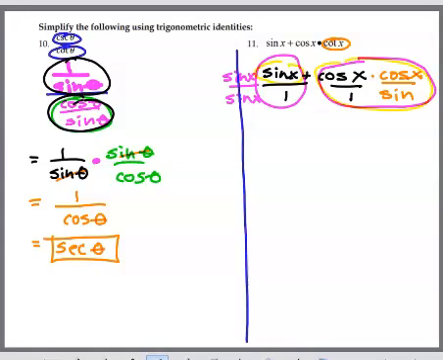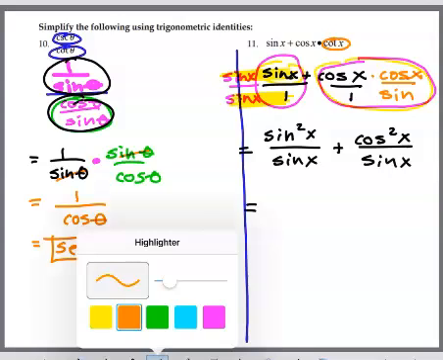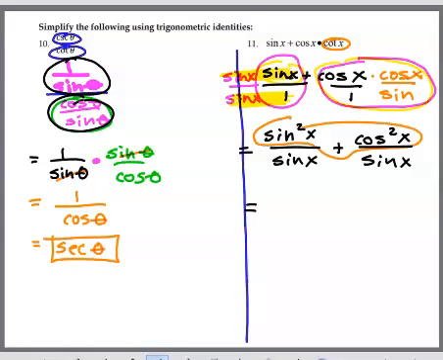All right, because then I'm left with sine times sine is sine squared, and my denominator is sine. So what I just did is I multiplied this and this. So I got sine squared on top, sine on the bottom, and cos times cos is cos squared over sine. But now that I have a common denominator, I can take this whole numerator, sine squared plus cosine squared, and put it over sine.